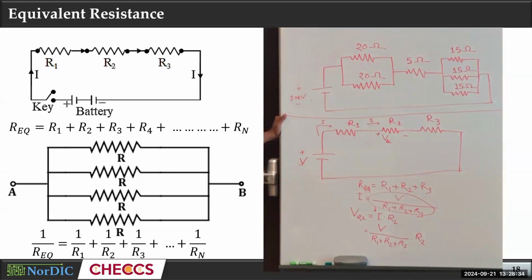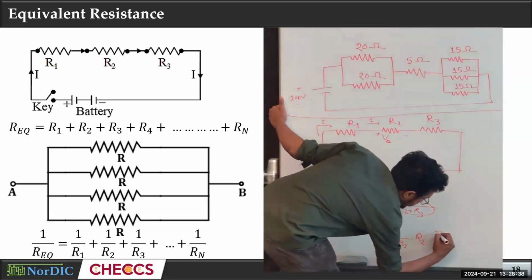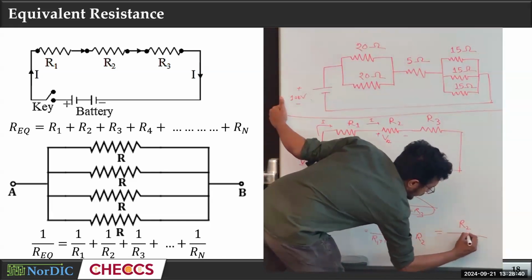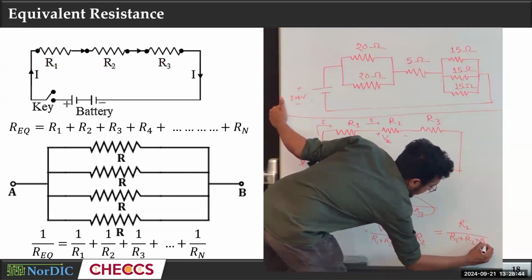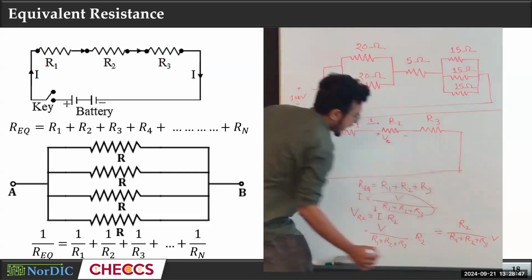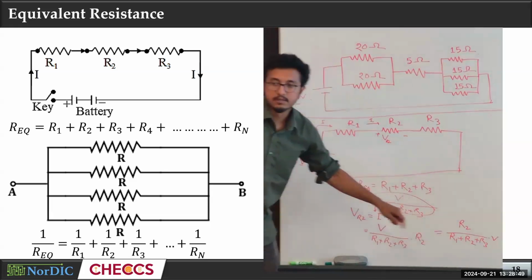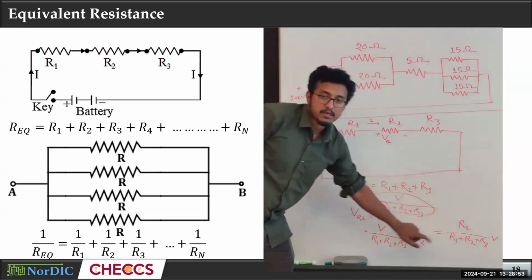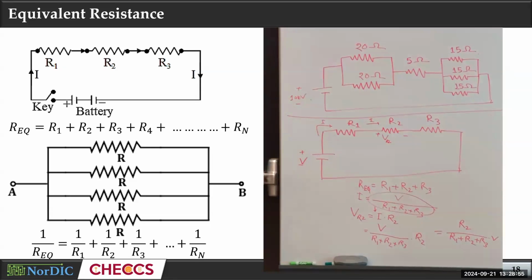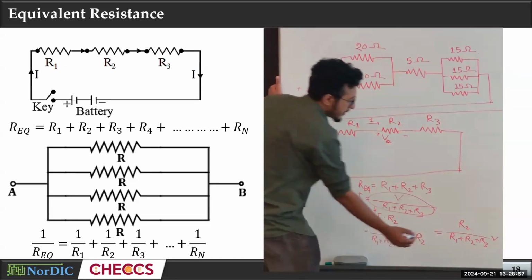Are you guys with me? We can write it in a very interesting way, which is R2 divided by R1 plus R2 plus R3, times V. Can we not write it this way? They are basically the same, right? So, do you see a pattern? What is the pattern?